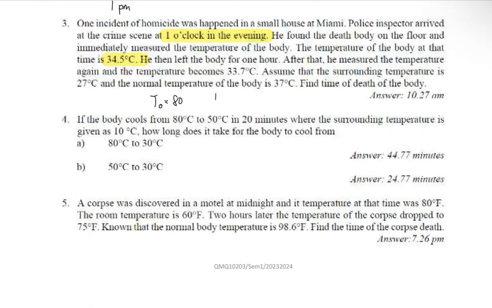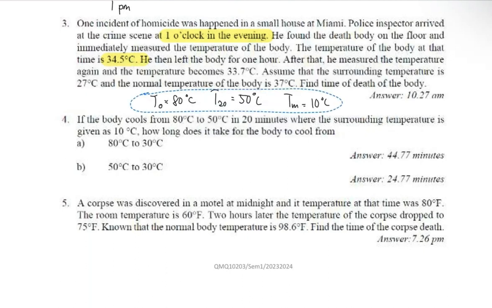At t equals 20, after 20 minutes, the temperature is 50 degrees. So we have two pieces of information. Next, the surrounding temperature is given as 10 degrees, so Tm equals 10. All these are the same information as in question number 3.